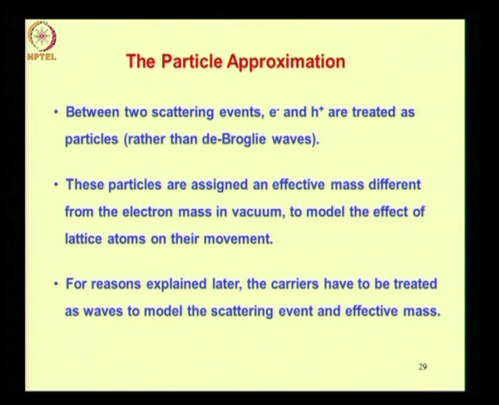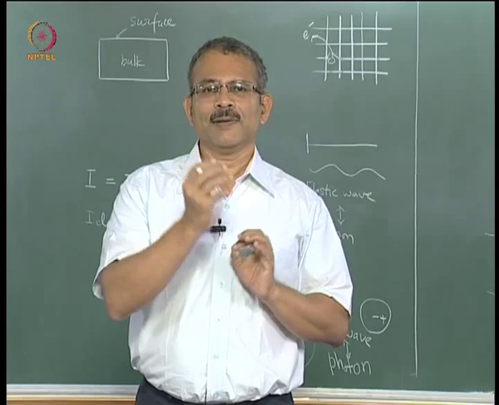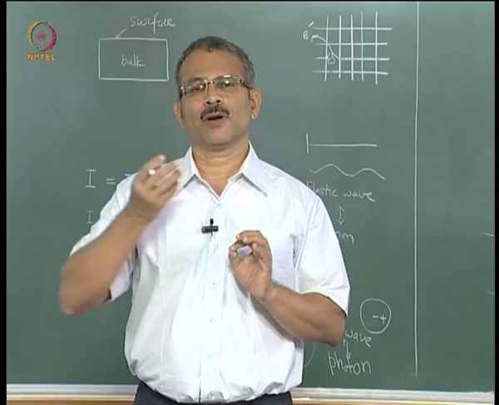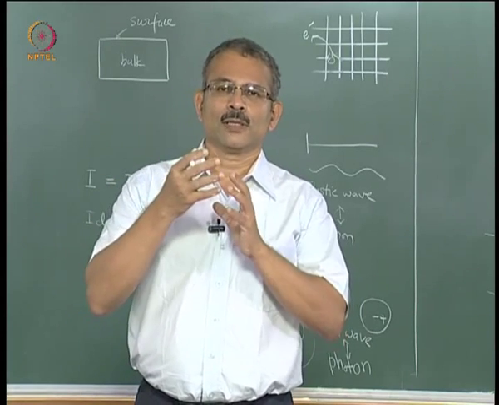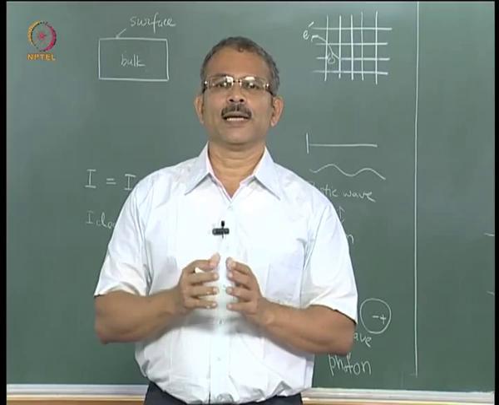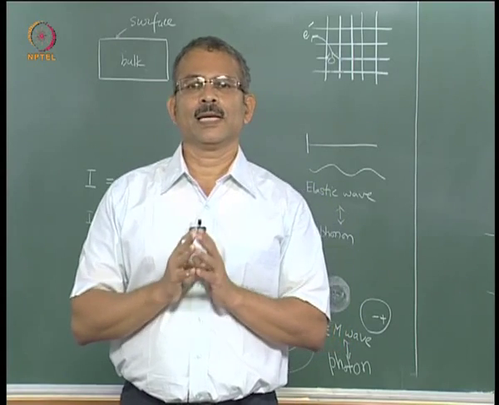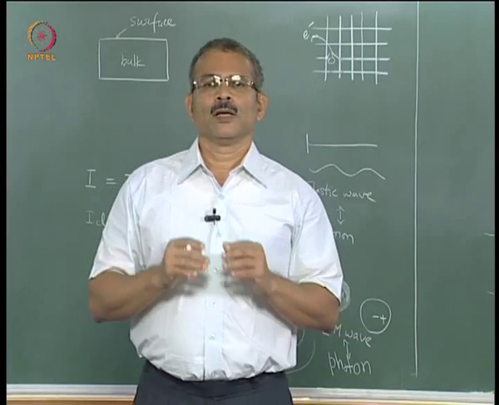Now, as will be explained later, the carriers have been treated as waves to model the scattering event and effective mass. So we are pointing out the limitation of the particle approximation: between the two scattering events the electron or hole is a particle, but the scattering event itself and the fact that the electron or hole between scattering events has a mass different from the mass in vacuum have to be treated quantum mechanically, that is, assuming the electron to be a wave.